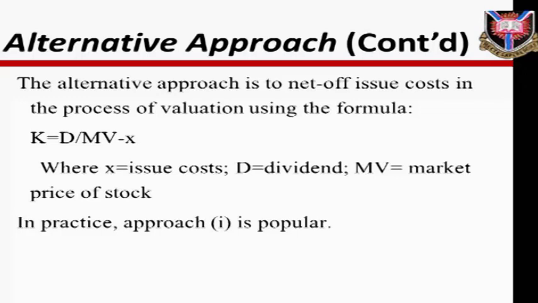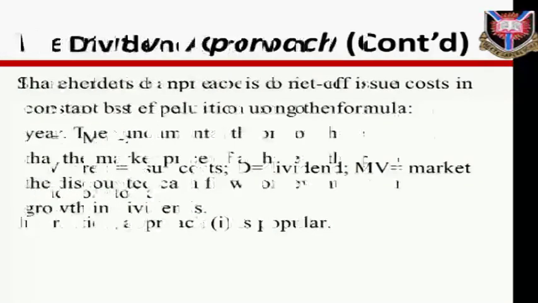In practice, this approach is popular, where only a fraction of the share price is paid as flotation costs. The cost of new issue of shares will be estimated as follows. K naught equals D divided by MV bracket 1 minus F bracket close plus G.